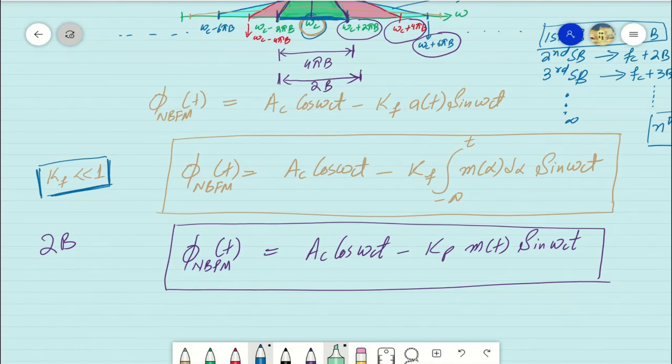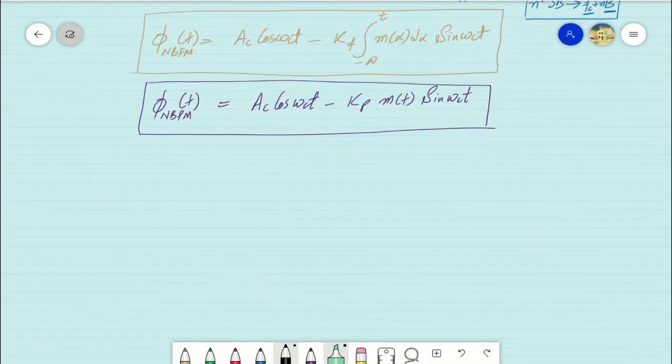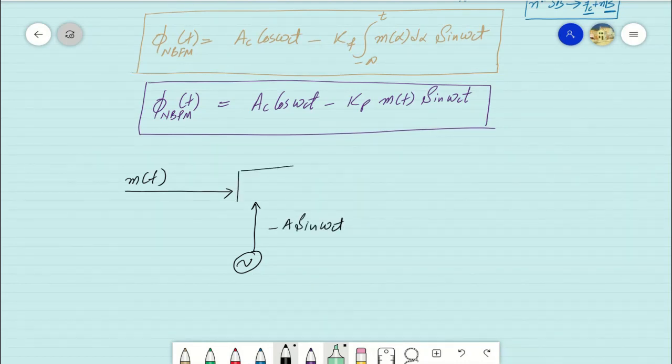So if we draw a block diagram to generate such narrow band phase modulated and frequency modulated signals, we have the information signal being fed as input to the system, and we are generating a carrier signal from an oscillator, for example minus sine of omega ct. We have a double sideband suppressed carrier amplitude modulator here, which is actually a frequency mixer.